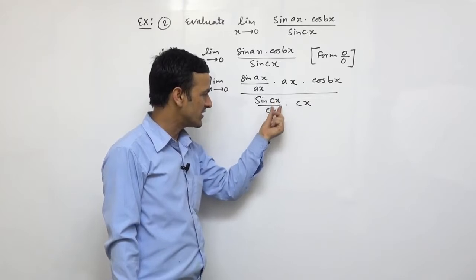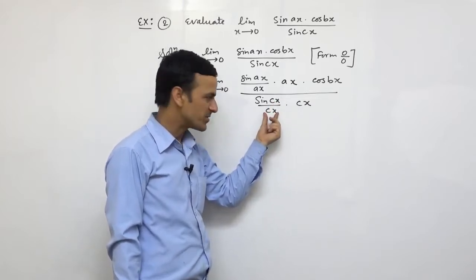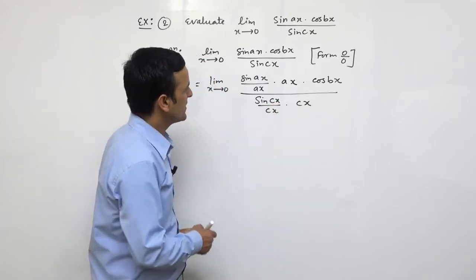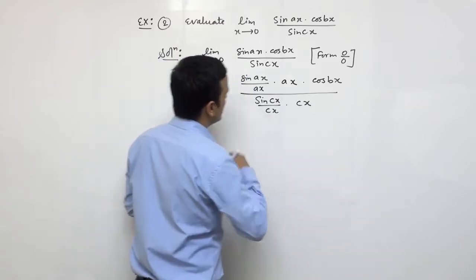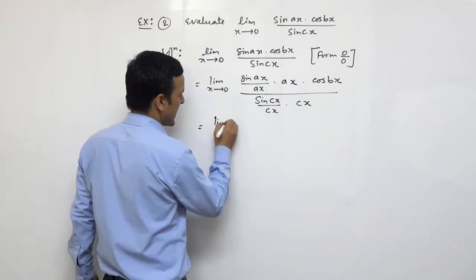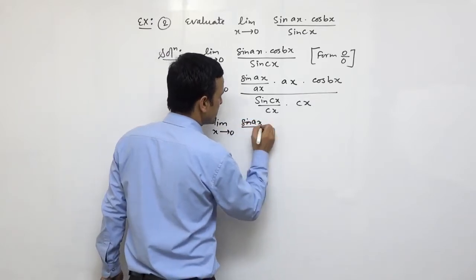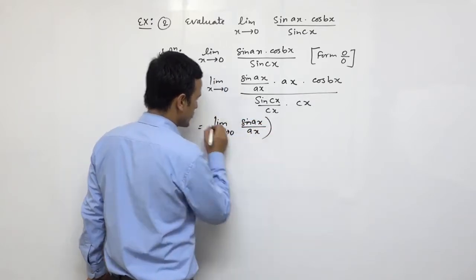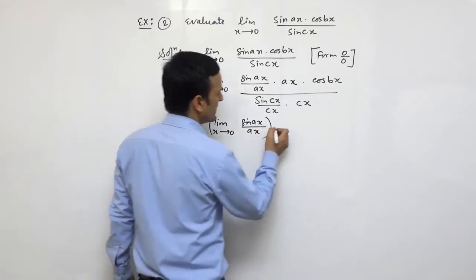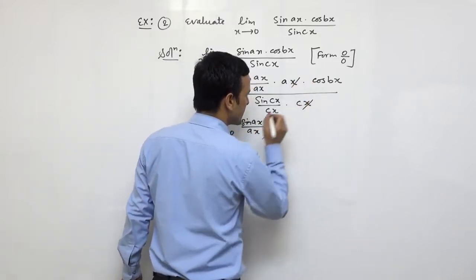Whatever angle is given, we must repeat it, into cx, to balance cx. Now we can arrange like this: x tends to 0, sin ax divided by ax is one of the terms, and here x and x cancel.